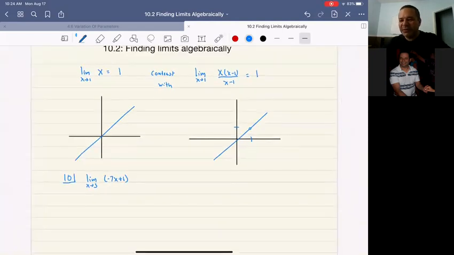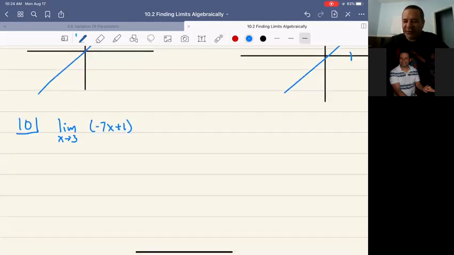There's nothing crazy going on in this function, so I could just plug 3 in. What do I get? Negative 21 plus 1, negative 20. That agrees with the answer written next to the problem in the book, so I'm good.